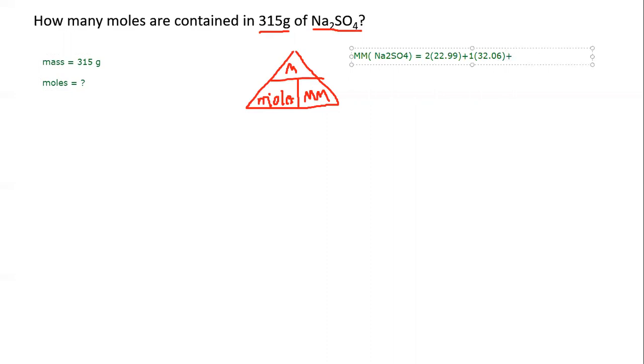And then we have 4 oxygen. Oxygen is 15.999. So again, we're going to multiply the number of each element by its molar mass, and then add them together to get the molar mass of sodium sulfate.